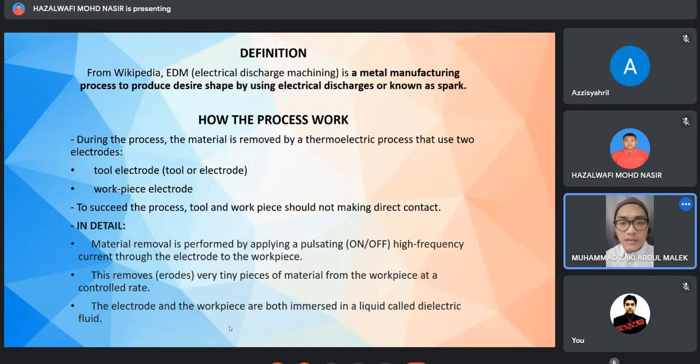In detail, material removal is performed by applying a pulsating on or off high frequency current through the electrode to the workpiece. This erodes very tiny pieces of material from the workpiece at a controlled rate. The electrode and the workpiece are both immersed in a liquid called dielectric fluid.